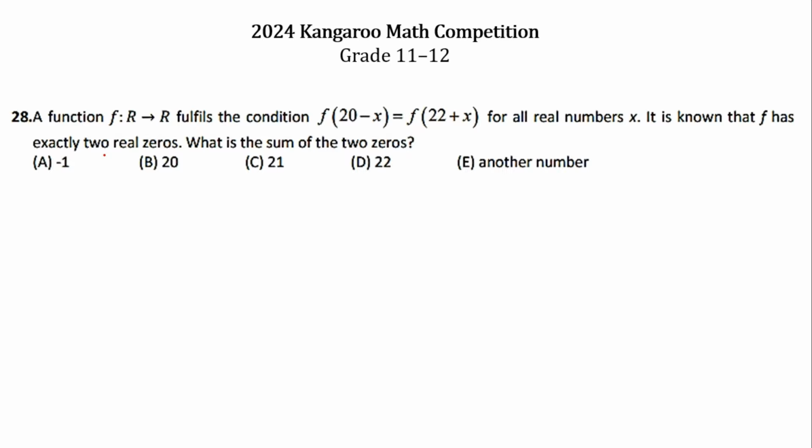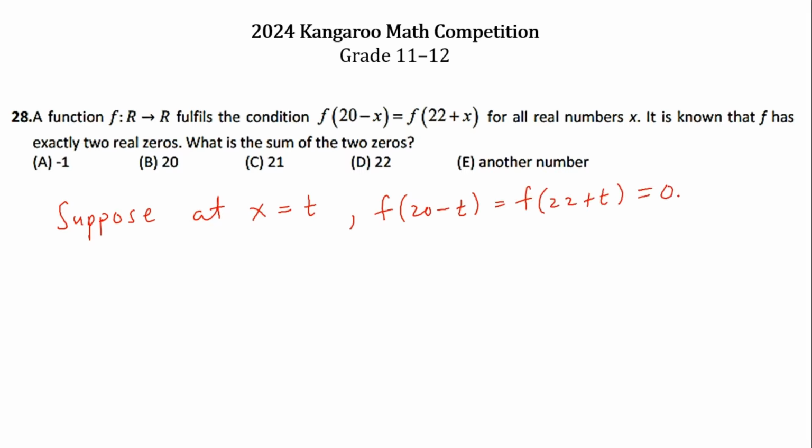Alright. So suppose at x equals t, f of 20 minus t is equal to f of 22 plus t equals 0. This implies that 20 minus t and 22 plus t are zeros of f, right?